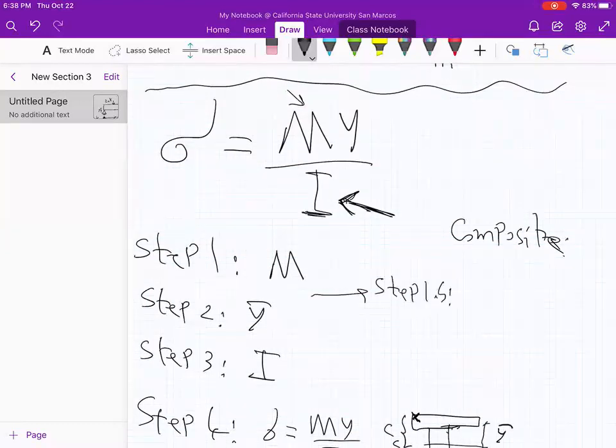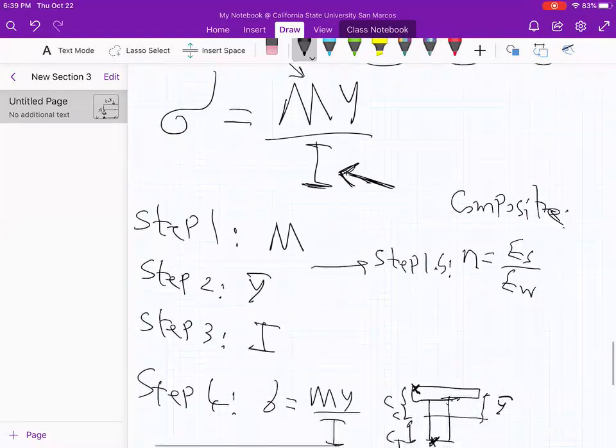Then for sure, if the problem is based on a composite, the modulus of elasticity is given. Then find n also, maybe E_S over E_W or E_W over E_S, right? Just convert one material to the other material. So if we have a composite, we have one additional step here before going to Y bar.